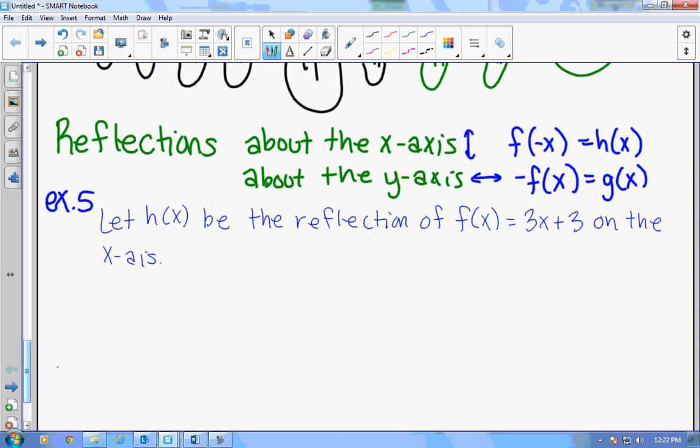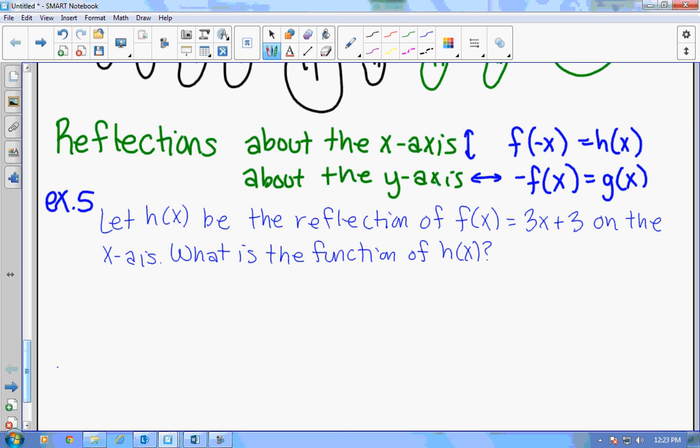What is the function of h of x? Let h of x be the reflection of f of x equals 3x plus 3 on the x-axis. What is the new function? And we're calling that new function h of x.